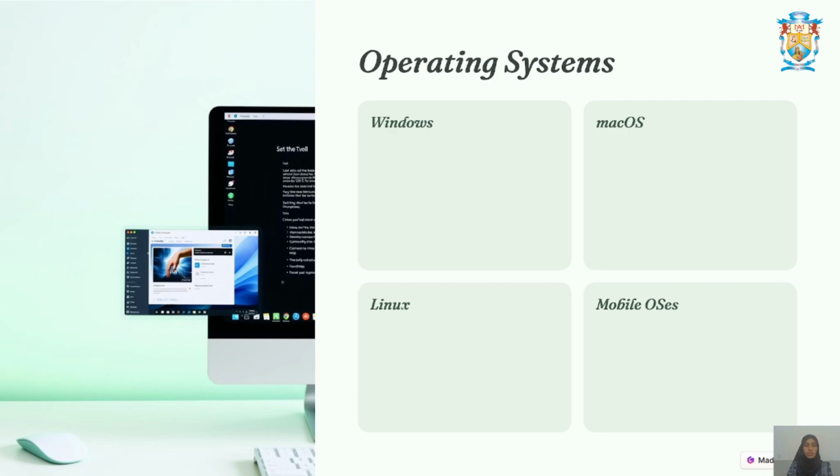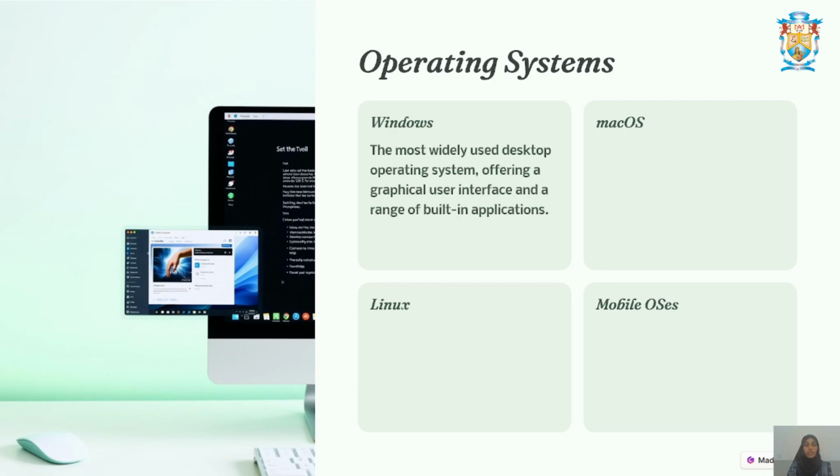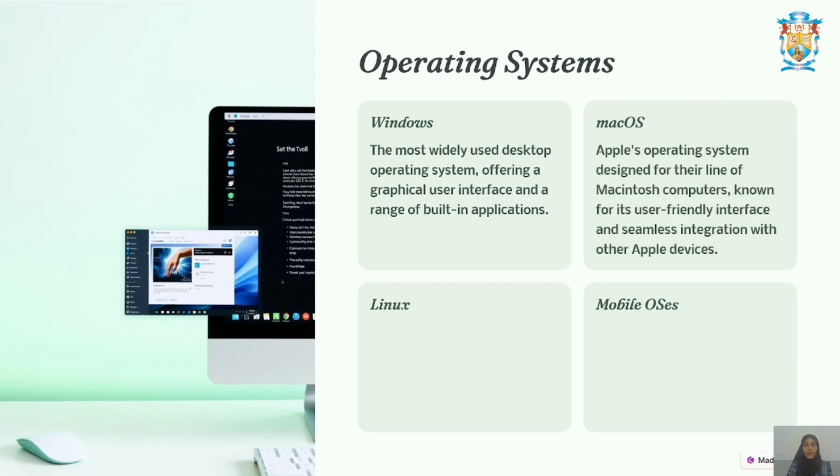Next is operating systems. First one is Windows. The most widely used desktop operating system, offering a graphical user interface and a range of built-in applications. macOS, Apple's operating system designed for their line of Macintosh computers, known for its user-friendly interface and seamless integration with other Apple devices.